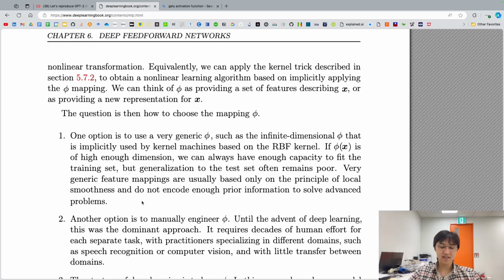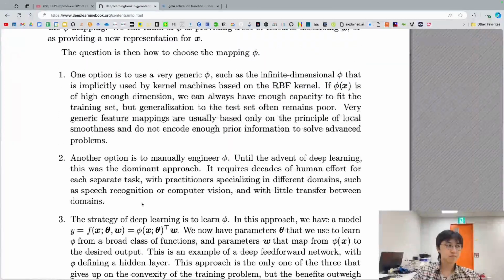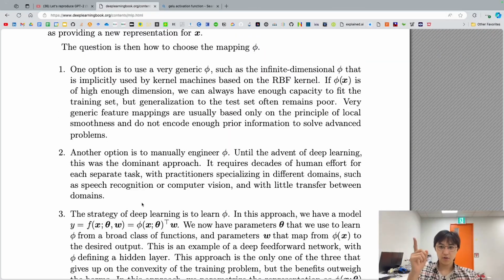In that case, scientists gave us three options. First option, let's transform this input x into a specific dimension where we can draw a line.